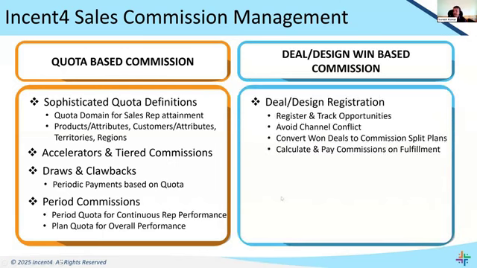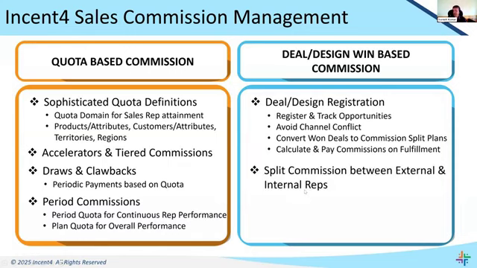This is where you can pay commissions to your manufacturer reps based on a specific deal. So if you have the deal or design registration application, you can register design opportunities or deals, and once you win a deal or have a design win, you can convert that into commission split plans and calculate and pay commissions on that.